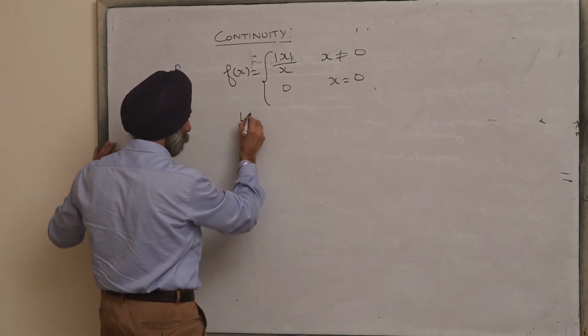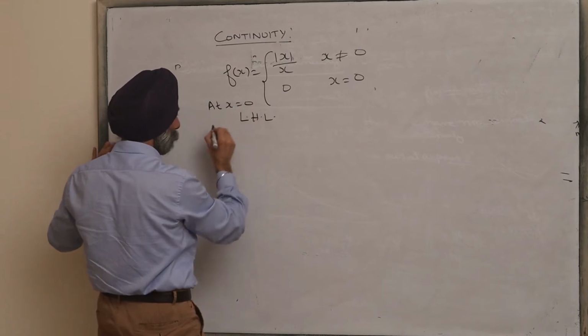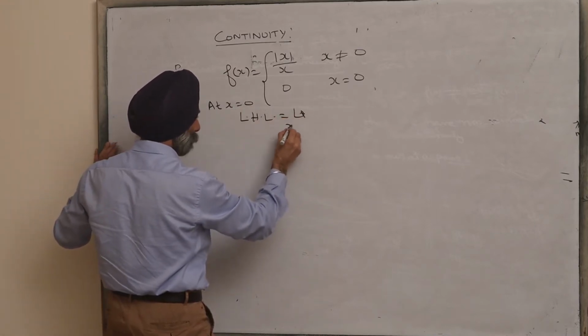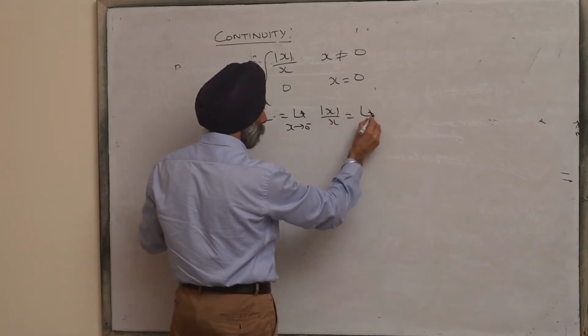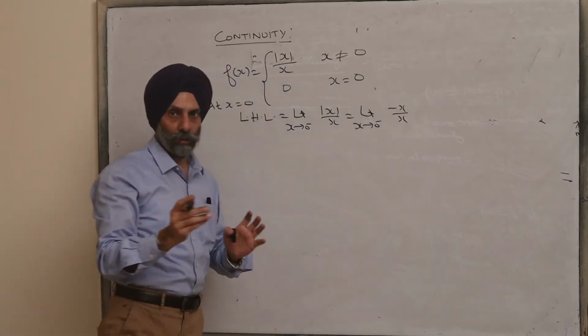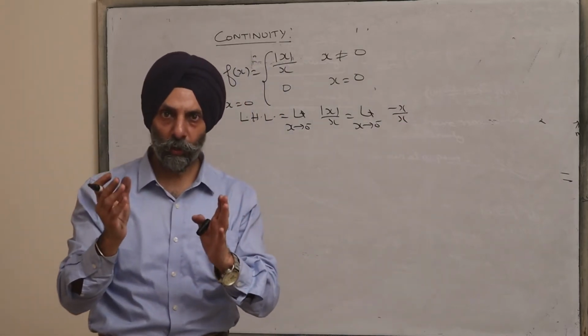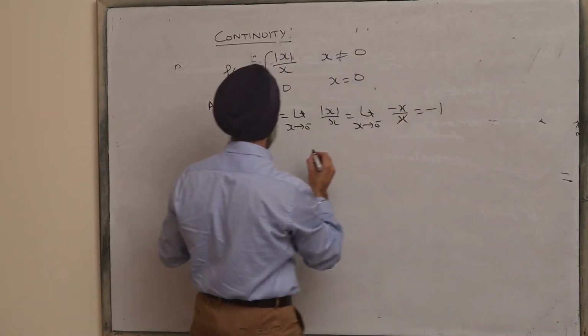Now at x equal to 0, the left hand limit is limit x approaches 0 negative mod x over x. Now can this be written as minus x over x? Because when x is less than 0, the value of mod x is minus x. So this is equal to minus 1.